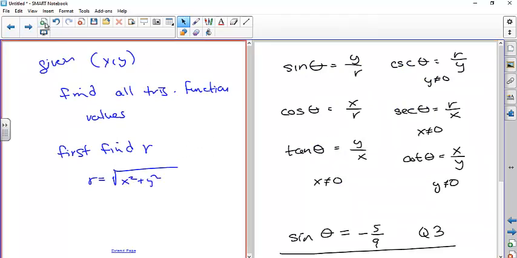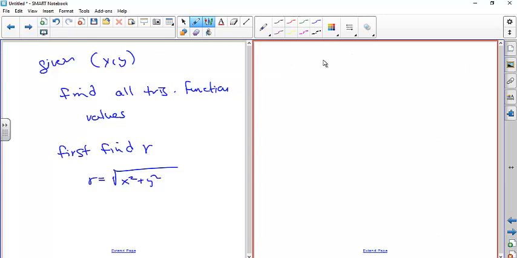The second kind of problem is given the trig function value, one trig function, which, depending upon which trig function you're given, you'll be able to figure out what 2 out of the 3 sides are.